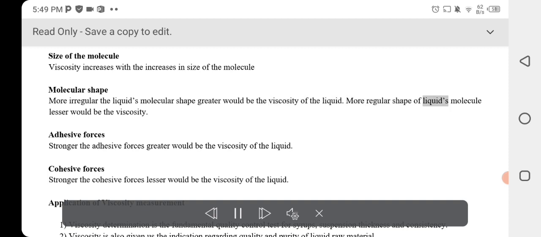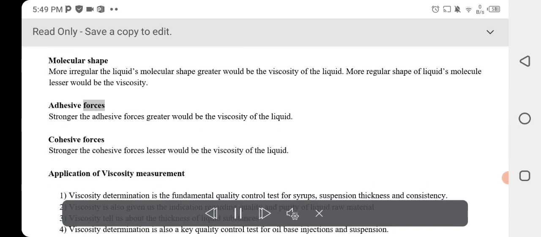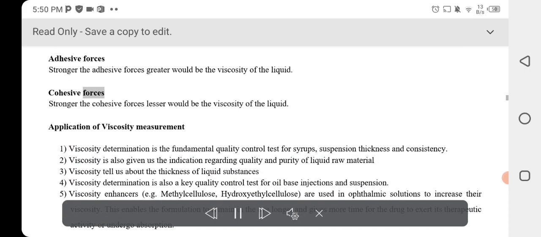The more regular the shape of the liquid's molecule, the lesser the viscosity. Adhesive forces: the stronger the adhesive forces, the greater the viscosity of the liquid. Cohesive forces: the stronger the cohesive forces, the lesser the viscosity of the liquid.